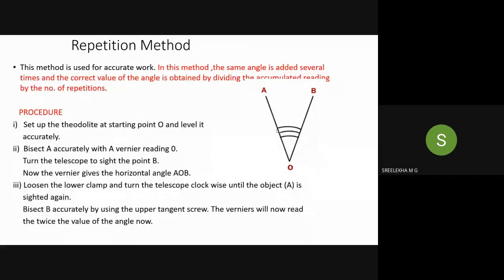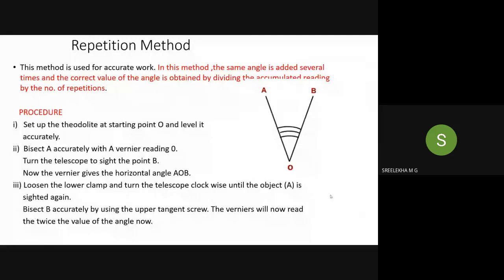For face right, you give anti-clockwise rotation, and for face left, you give clockwise rotation. Keep in mind that for both faces, you have to repeat the same procedure.